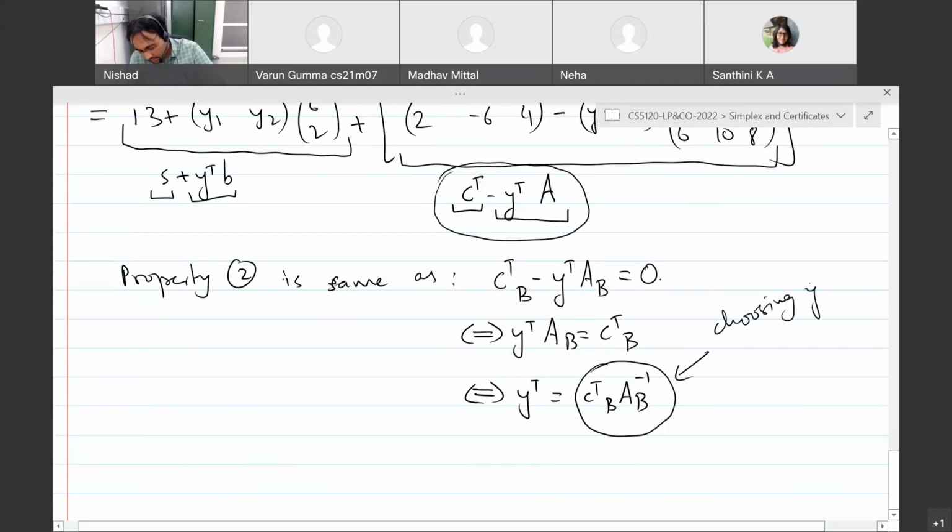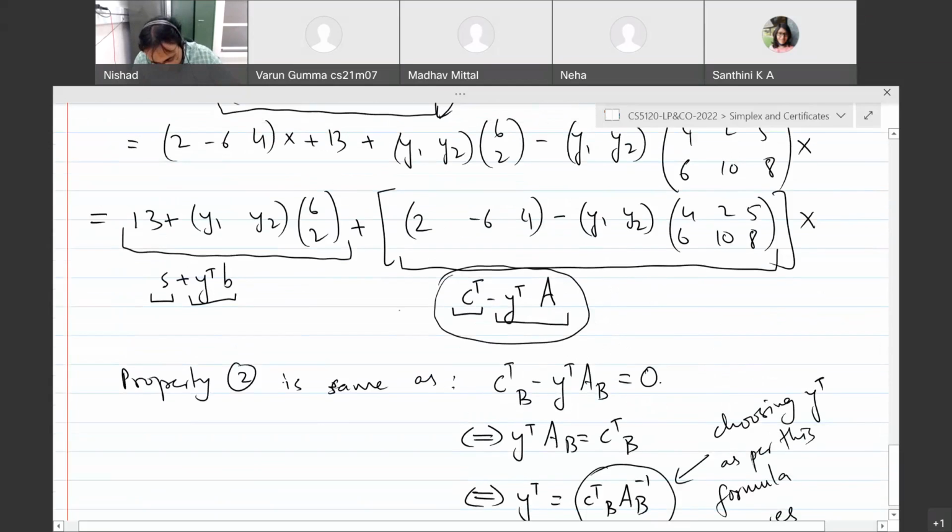Choosing Y transpose as per this formula ensures that in my new objective function, which is going to be C tilde, this is a transpose of it.